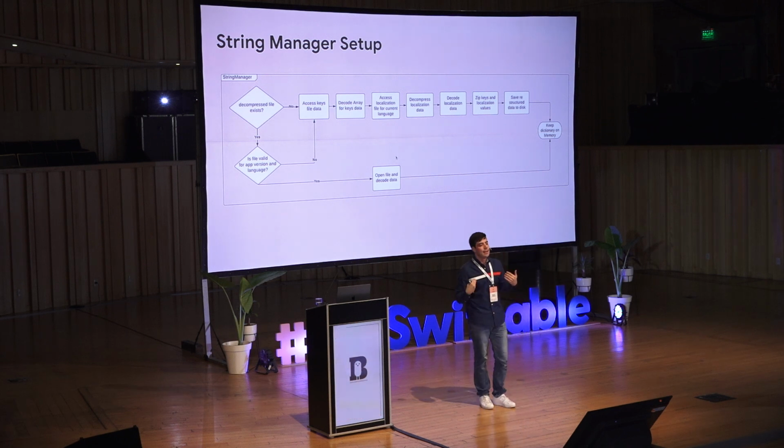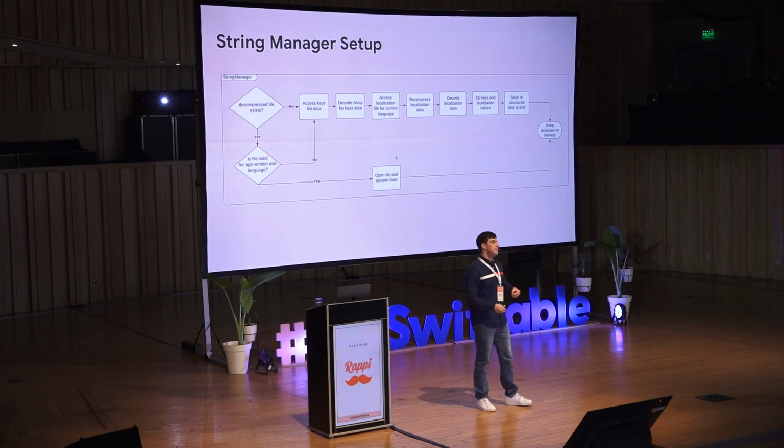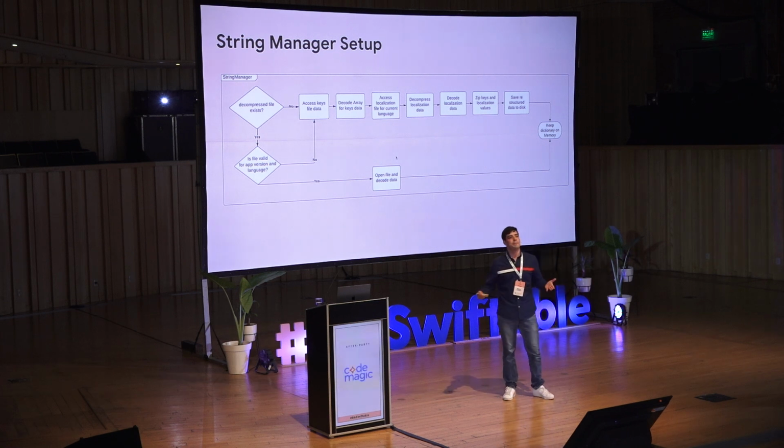And that's going to maintain startup time as it was before. Also, if a user changes languages, obviously this file is not going to be valid anymore, so we need to regenerate it. We use the name of the file to detect that it is invalid and regenerate the file again. The same happens when a user updates the app. If the app version changes, we will do that as well.